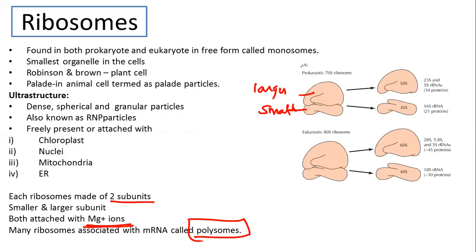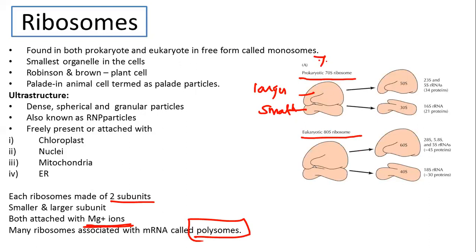When you are asked for the difference between a ribosome present in prokaryote and one present in eukaryote: in prokaryote, the ribosome is called 70S ribosome, whereas in eukaryote it is called 80S ribosome.